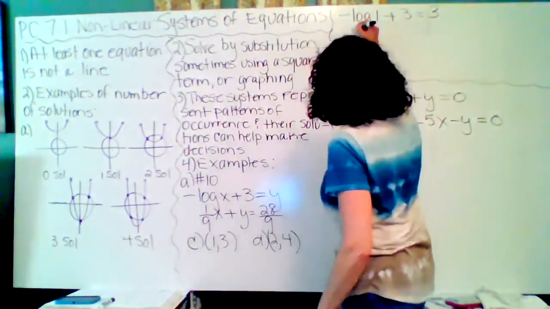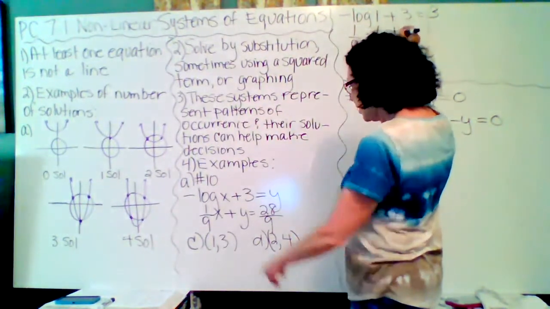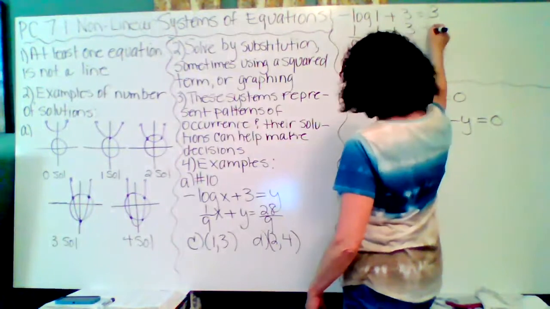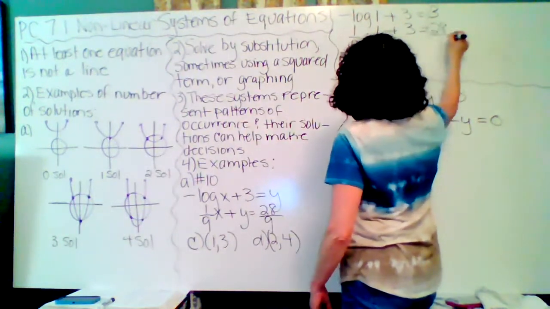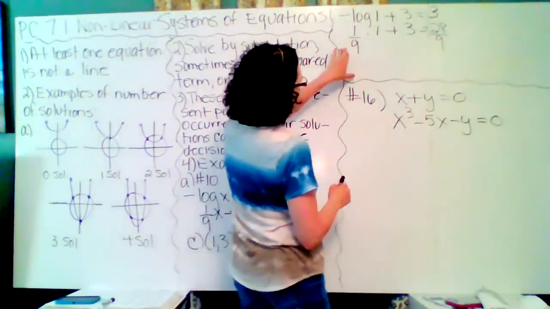Let's put it into the next equation. 1/9 times 1 plus 3 equals 28/9. Let's see if this is true. I have 1/9 here.